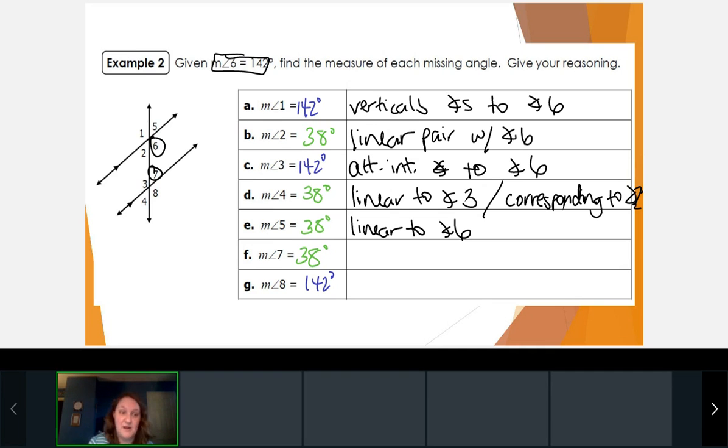So these are interior angles. And then I ask myself, are they on the same side or different sides of the transversal? Well, 6 and 7 are both on the right side. So these are consecutive interior angles, and consecutive interior angles are supplementary. So I can say that it is a consecutive interior angle to angle 6 because that 142 and 38 are supplementary. So I'm going to write consecutive interior angle to angle 6.